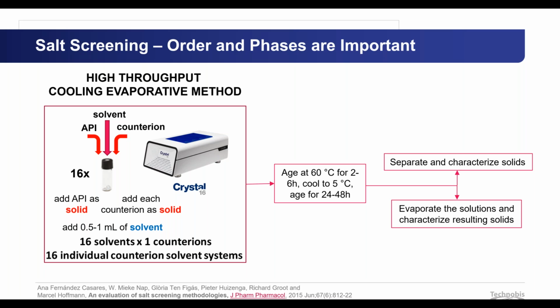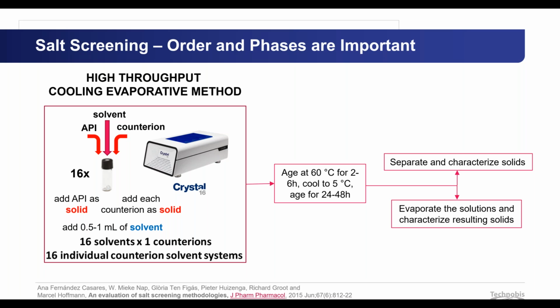So they give you quite an idea, different ways on how to make salts in a very flexible, reliable way. As you can see here, you can either use one counter ion and 16 solvents if you want, or you use one solvent or just a few solvents and 16 counter ions.